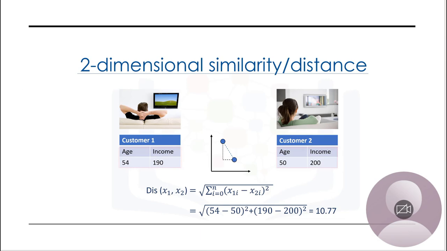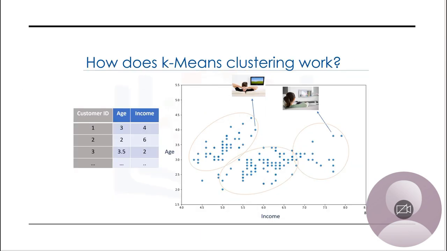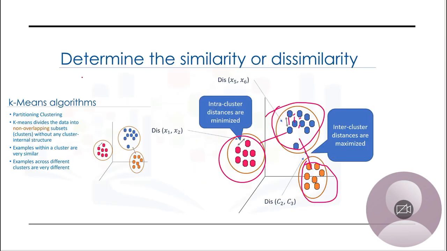So let me show you. I'm going to take you step by step on how the machine learning algorithm does it, okay? How the machine learning algorithm creates these clusters, and how it maximizes the distance between clusters while minimizing the distance within the cluster.